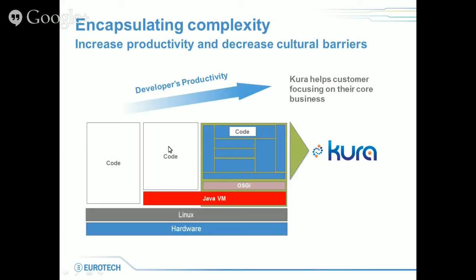Using Java helps, because at least you can port it onto different operating systems. If you have an OSGi container, it makes your life simpler because you don't have to mind about hot deployment and stuff like that, which is given by the OSGi container, so the architecture made by bundle files.